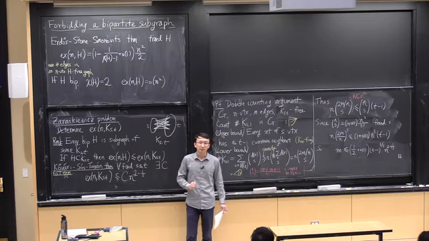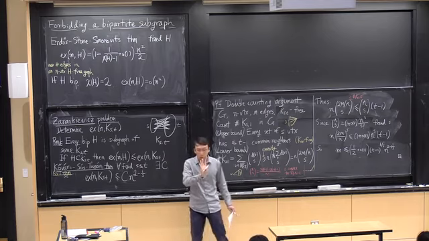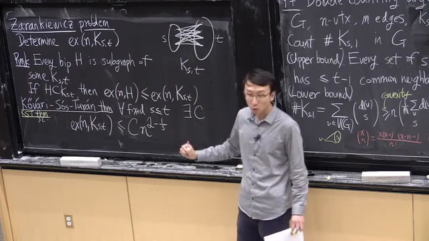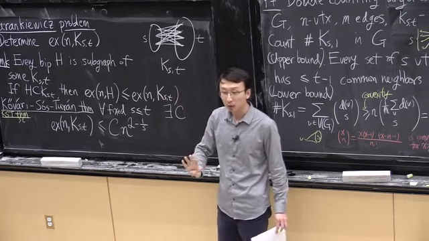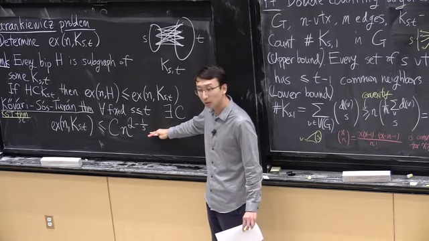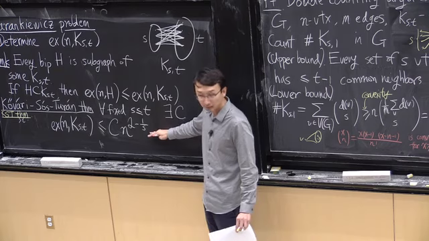Yes? For fixed s, what's the bound on t? Is there like a bound on t first to get equality cases? Right. So the question is, for a fixed value of s, is there some bound on t for which we get equality cases? There's a conjecture that this bound is sharp up to a constant factor for every s and t.